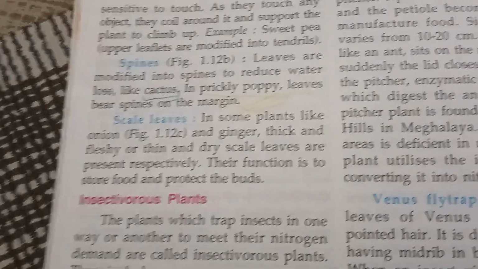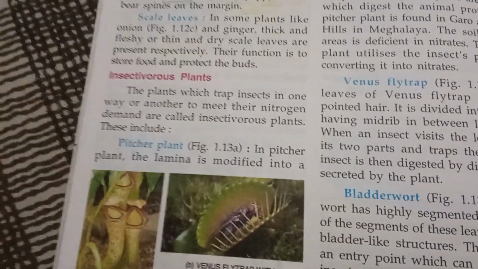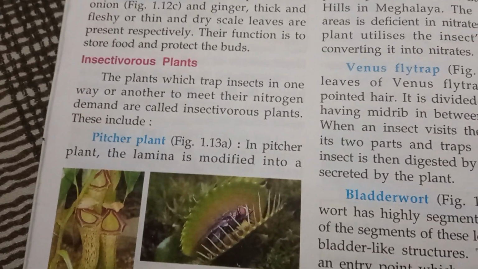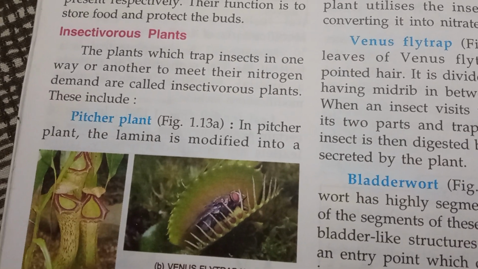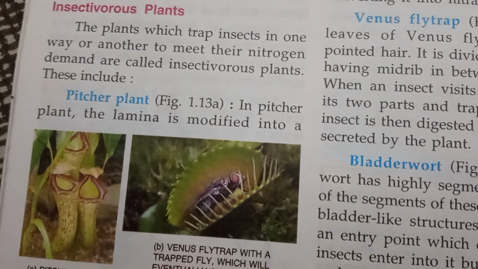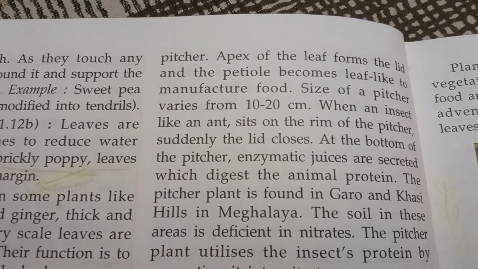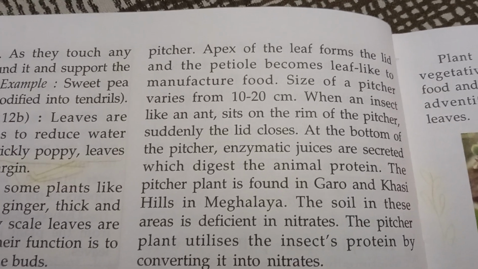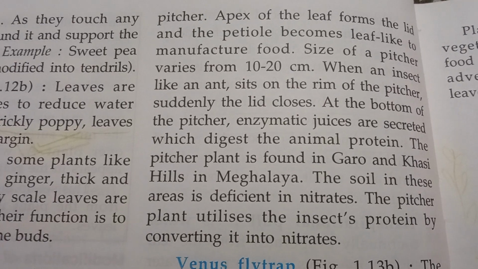Now this part is completed, right? Now there is the insectivorous plant. The plants which trap insects in one way or another to meet their nitrogen demand are called insectivorous plants. These include the pitcher plant. In the pitcher plant, the lamina is modified into a pitcher. The apex of the leaf forms the lid, and the petiole becomes a leaf-like structure to manufacture food. The size of a pitcher varies from 10 to 20 centimeters.